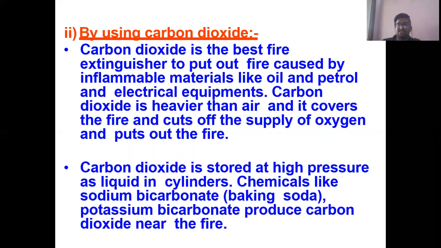When we heat these substances, the carbon dioxide gets released. So when sodium bicarbonate and potassium bicarbonate get near the fire, they produce carbon dioxide which covers the fire, cuts off the supply of oxygen and puts out the fire.